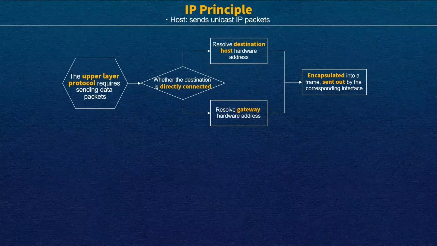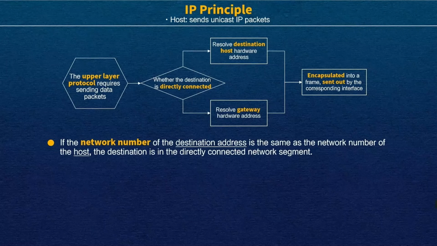Actually not. The host will divide the information into two parts. We have to check whether the destination IP address is directly connected or not. If the destination IP address is directly connected, we will request the destination host's hardware address.